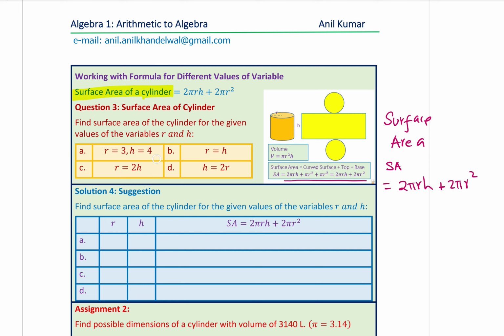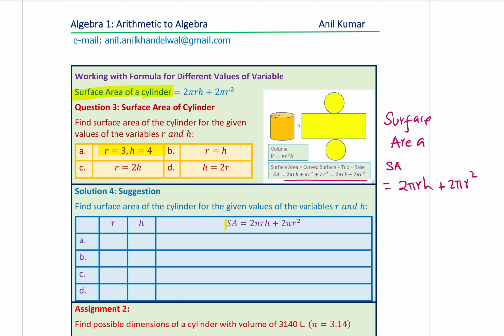Radius is twice the height and height is twice the radius. So those are different conditions given to us, and you need to find the value of surface area. It's tricky. Only for the first one you can actually have a value. Do you see that? For the others, what will you get? You will get a formula or a general expression.